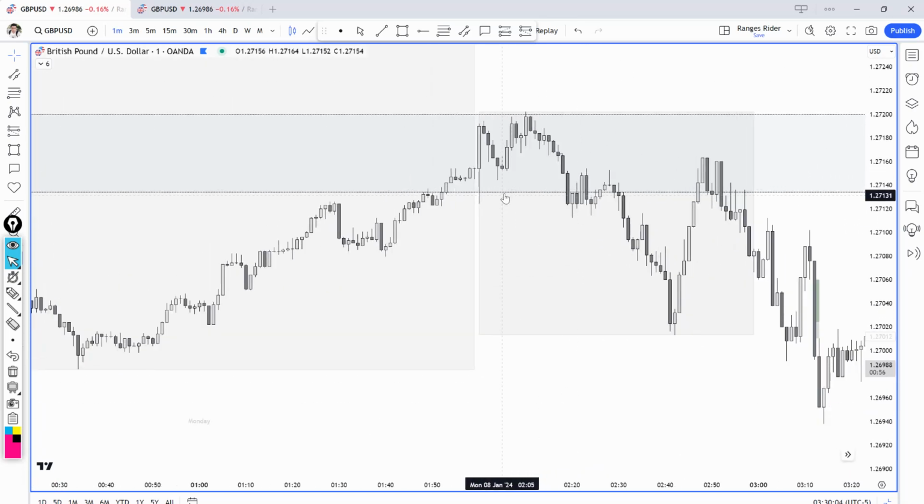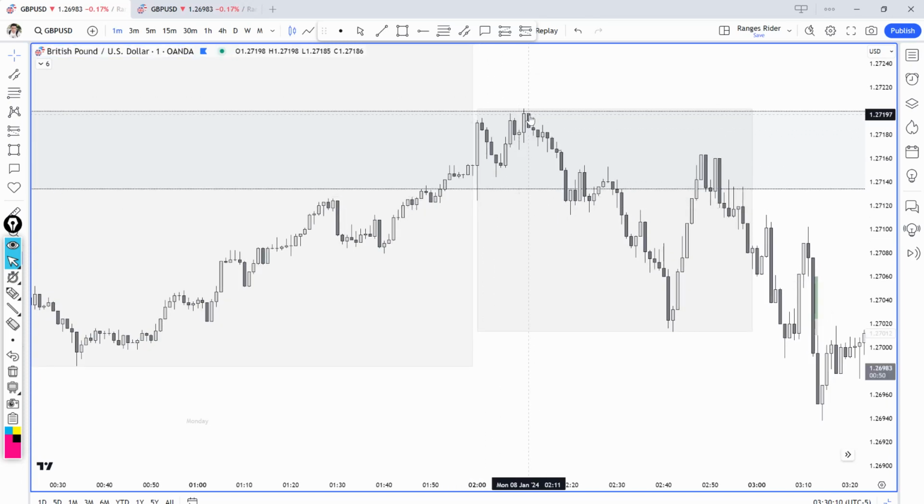On the 1 minute time frame, we were here, and I want the QM, and we got the QM here, right? Then I want the opposite QM, but we don't have the opposite QM, and the market is just going down until here.